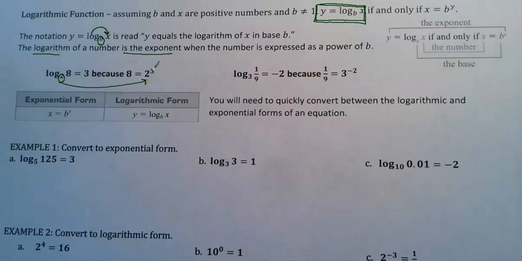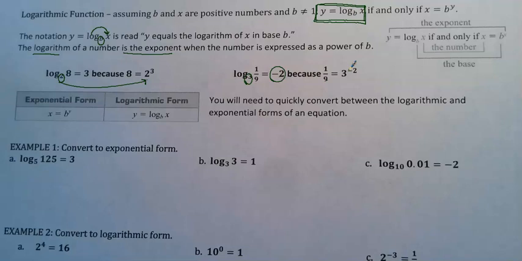Or here we have the log of 1/9 in base 3 equals -2, because 1/9 is equal to 3 raised to the -2 power. So this number is my base, and this number becomes my exponent.